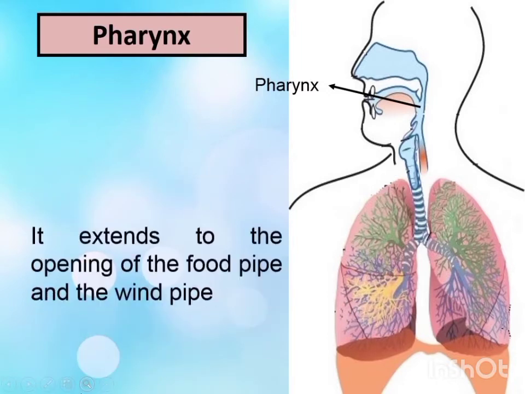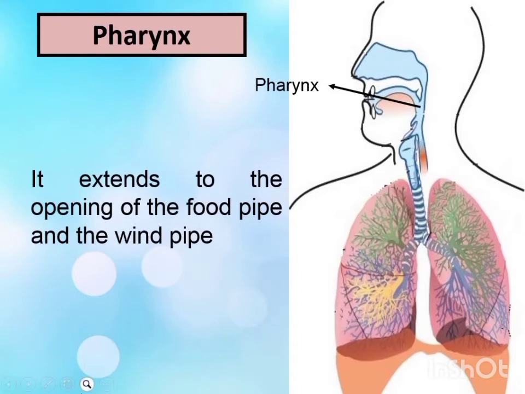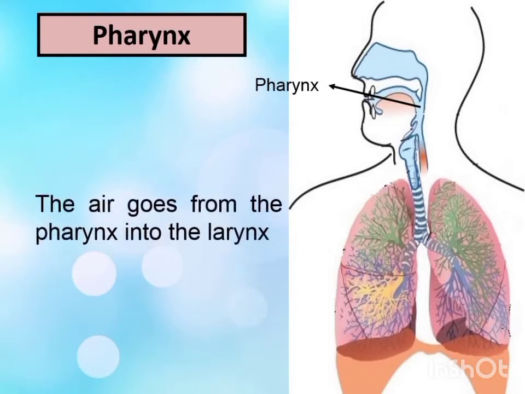It extends to the opening of the food pipe and the windpipe. The air goes from the pharynx into the larynx. Larynx is voice box.